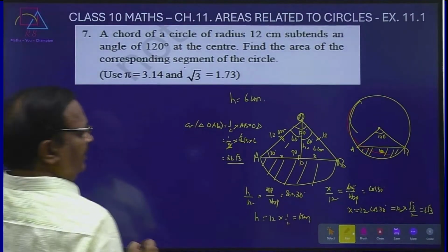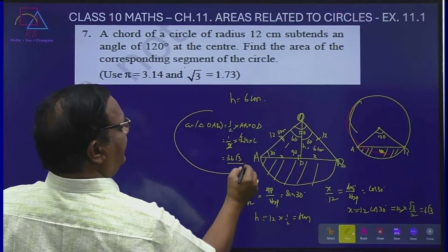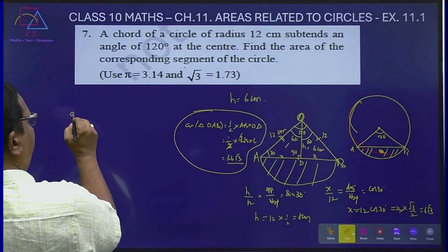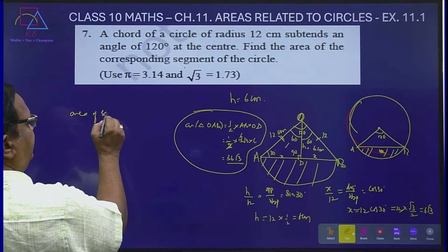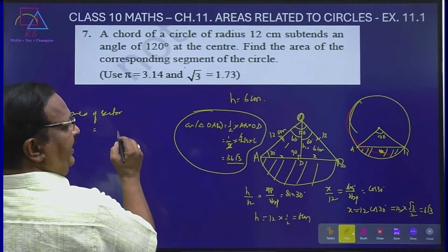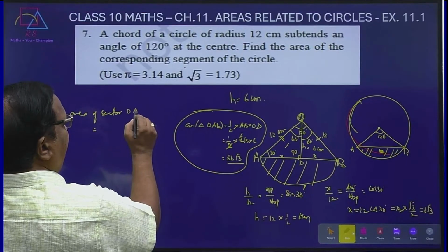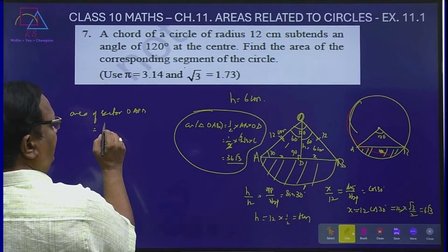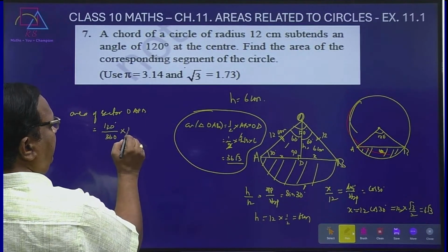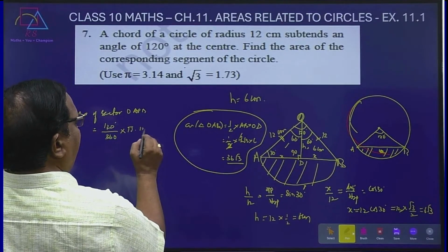Now we want the area of the sector also, because this is the triangle and the sector is needed. Area of sector OAPB, let us say, is 120 degrees by 360 into pi r square, and r square is 12 square.